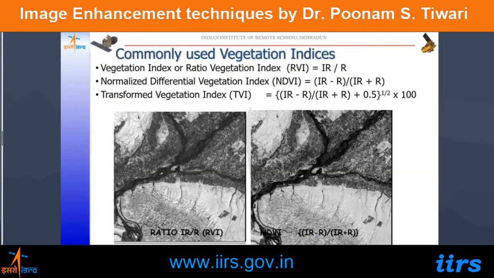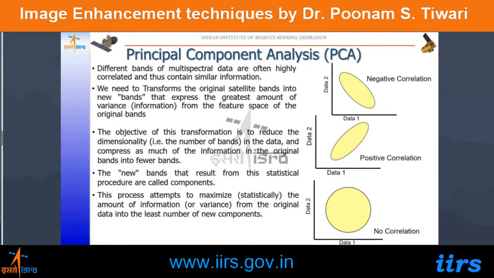Now, the second type of image transform is principal component analysis. As we understand, different bands of multispectral data are often highly correlated and thus contain similar information. So we need to transform the original satellite bands into new bands that express the greatest amount of variance from the feature space of the original bands.